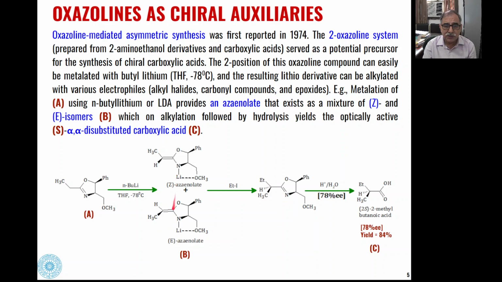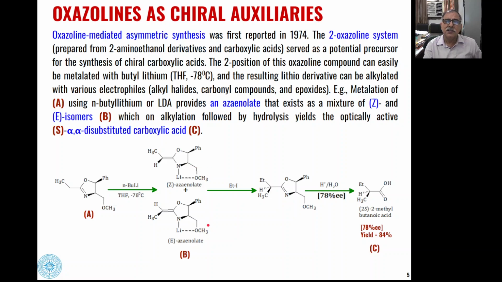Then we know that two types of azaenolates can be formed, Z azaenolate or E azaenolate. But because of the unsymmetry present in these types of oxazoline system, one of the enolates is formed in more amount in comparison to the other enolate.